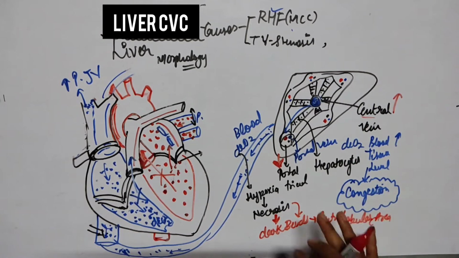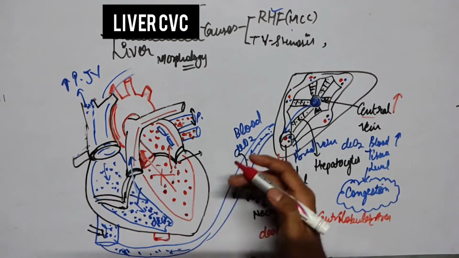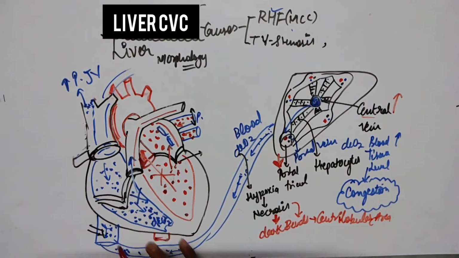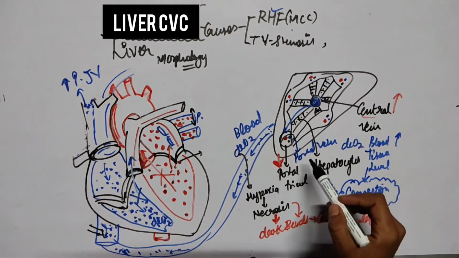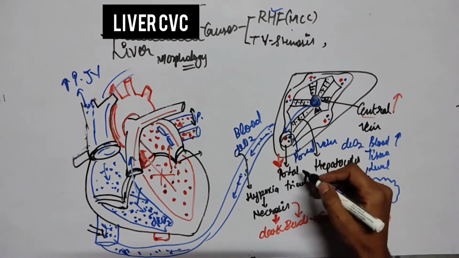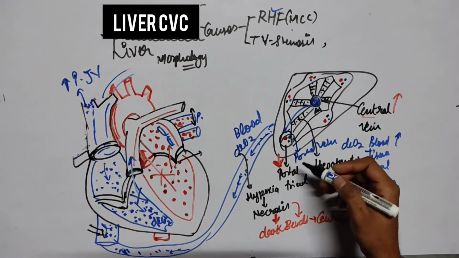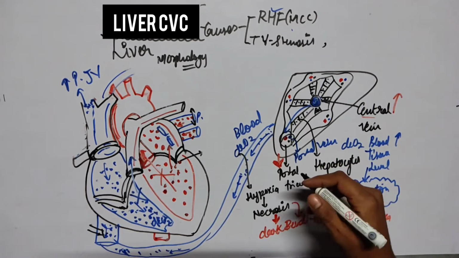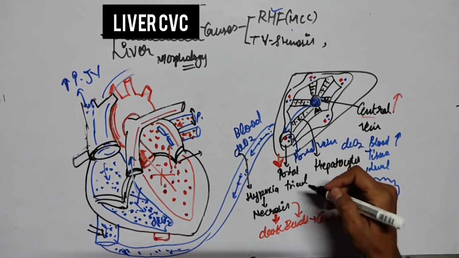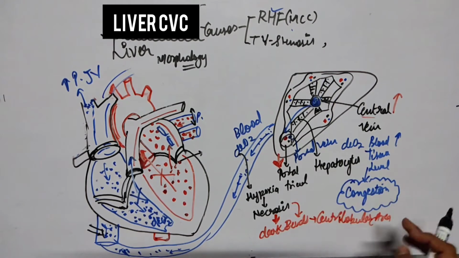So this is what occurs if there is congestion of deoxygenated blood because of right-sided heart failure. In the portal triad, deoxygenated blood is very less, so necrosis at the portal region will be very less compared to the central lobular area.